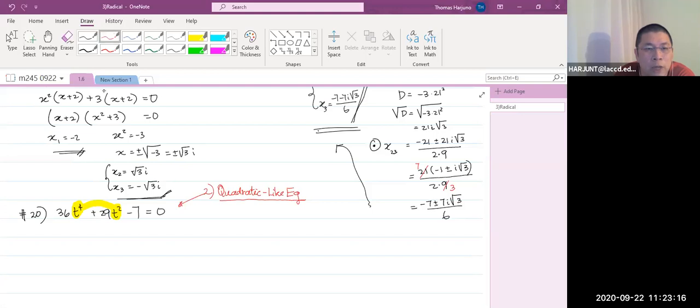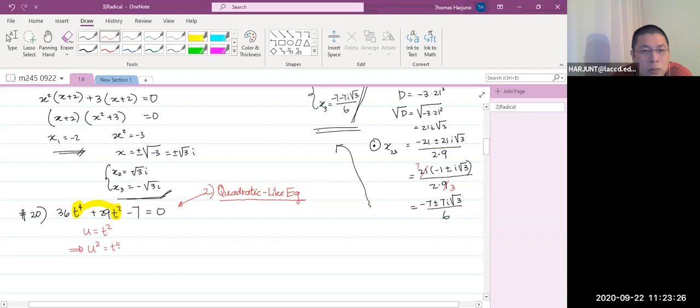Okay, so for example, in this case, if I say my u equals to t squared, then u squared will be t to the 4th. Right? Basically, the variable part of one term is the square of the variable part of the other term.